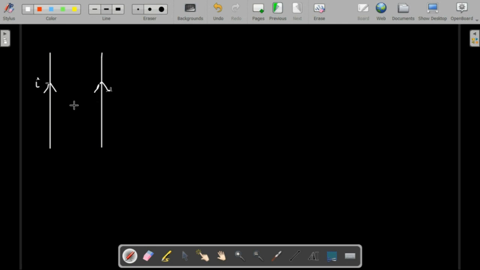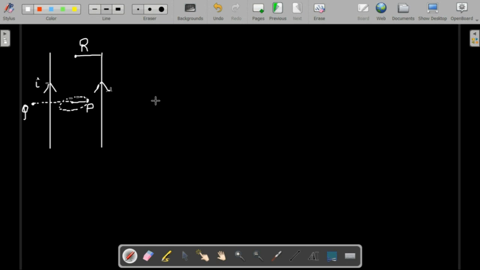Now the question is, just like we did it for circular coil, we have to find out the magnetic field at a point P, which is inside, and let's say I have to find out the magnetic field at a point Q, which is outside. And let's say the radius of this is capital R. So what we can do now is we can actually look at it from the top, and we can make a loop.